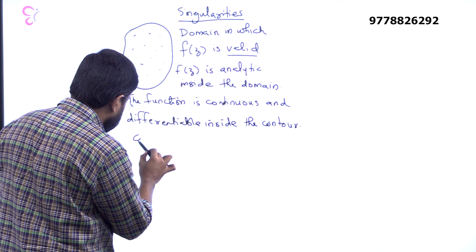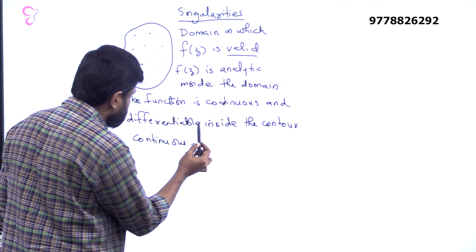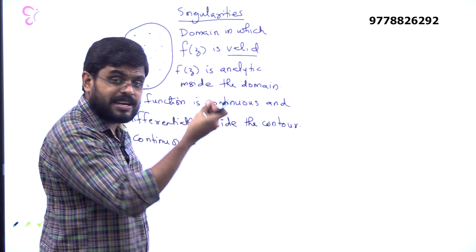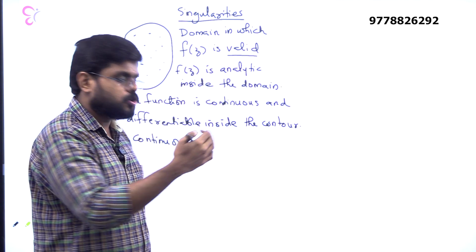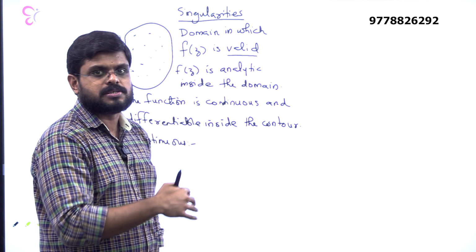So, the function is continuous. Continuous means if we have a particular point z equal to a, then towards the left and towards the right of that point, the function will be continuous. Clear?